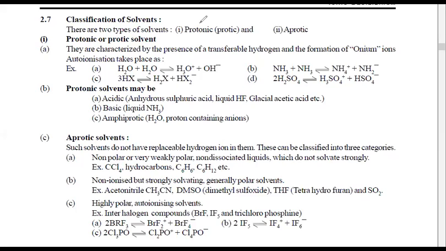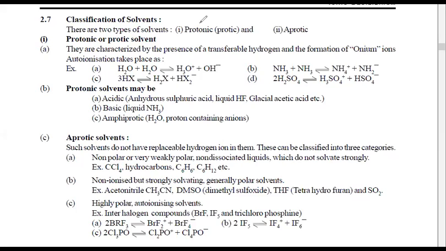Now, when we talk about polar or non-polar, I hope everyone knows the meaning of polar and the meaning of non-polar. Polar solvents are the solvents which have polarity, and non-polar solvents are the solvents which are non-polar. For example, when we talk about organic solvents, most of the organic solvents are which kind of solvent?